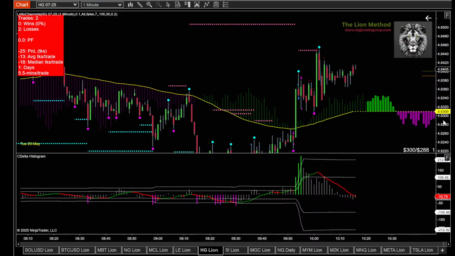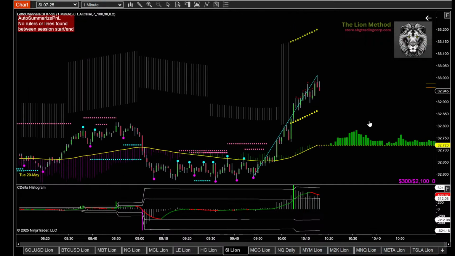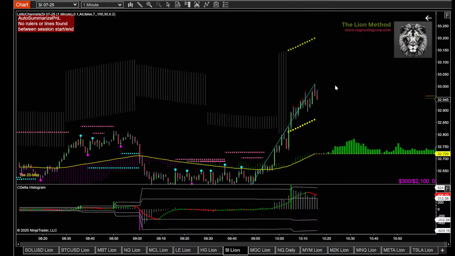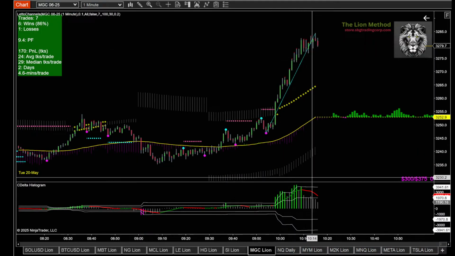I think this move is slowing for sure. So we are strongly overbought in silver, strongly overbought in gold.